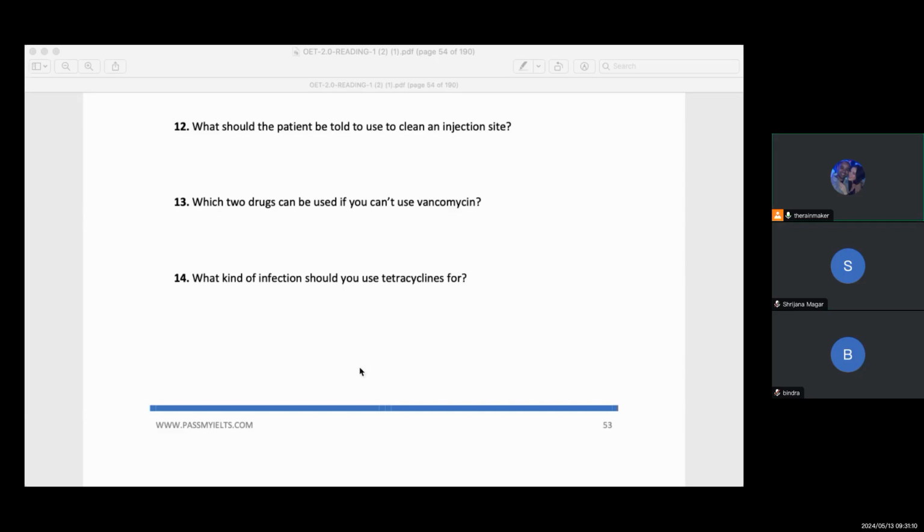Now what is the key word here? Vancomycin. In place of vancomycin, what two drugs can we use? I know. So our keyword is vancomycin.